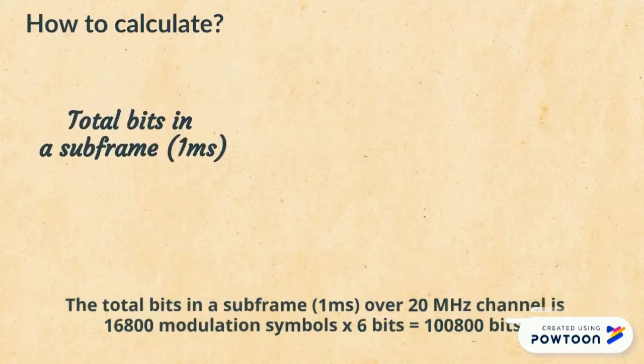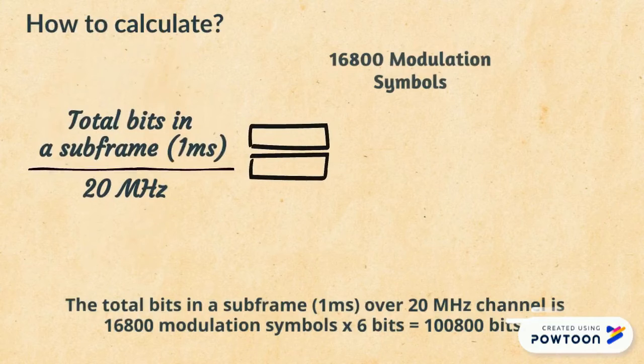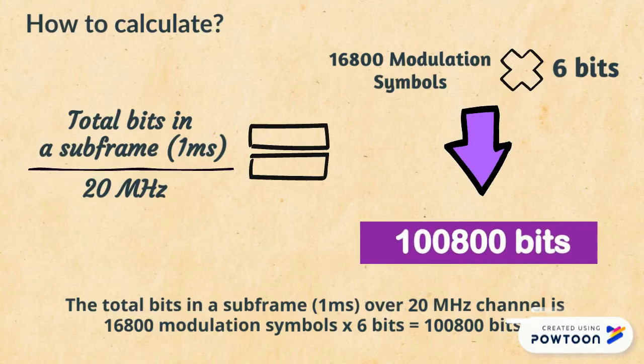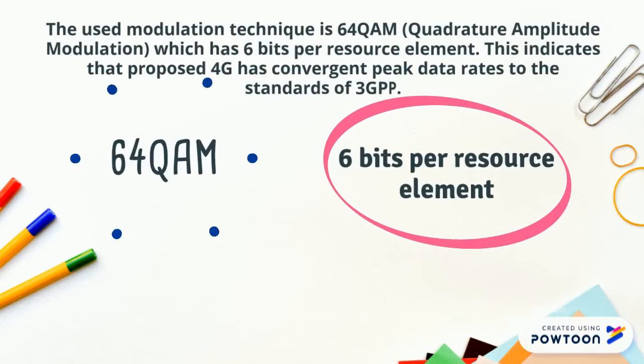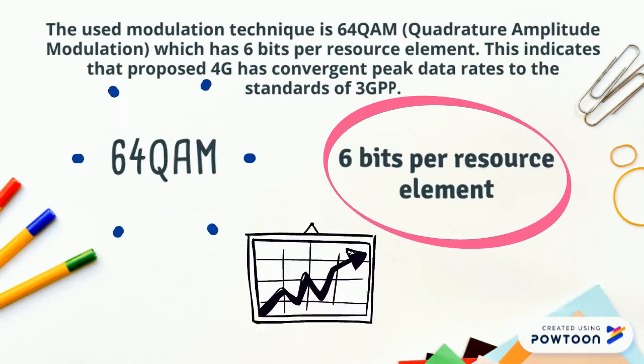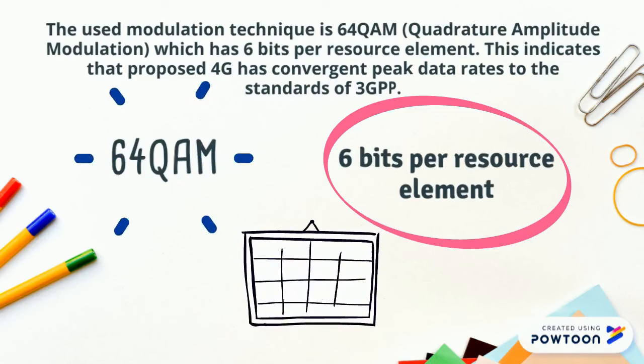The total bits in a subframe of 1 millisecond over a 20 MHz channel is 16,800 modulation symbols times 6 bits equals 100,800 bits. The used modulation technique is 64 QAM, which has 6 bits per resource element. This indicates that proposed 4G has convergent peak data rates to the standards of 3GPP.